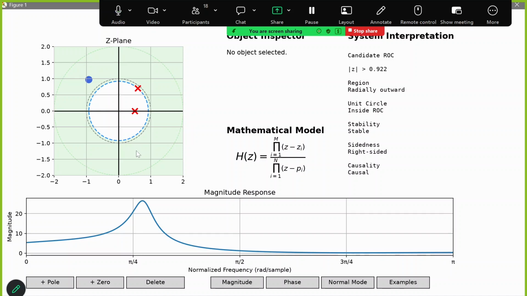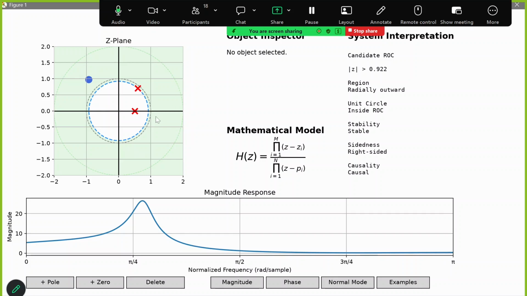So the discrete time Fourier transform is just the Z transform evaluated along that unit circle, which also means that if you have a system and you know its Z transform, in order for the Fourier transform of the system to be well defined, the ROC of your Z transform must include the unit circle.